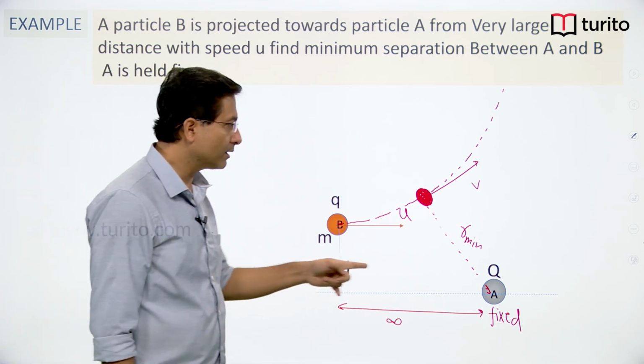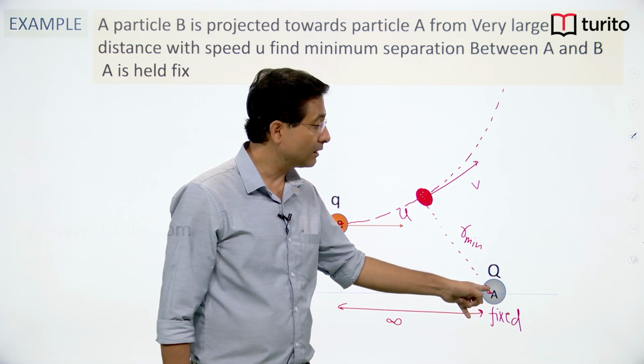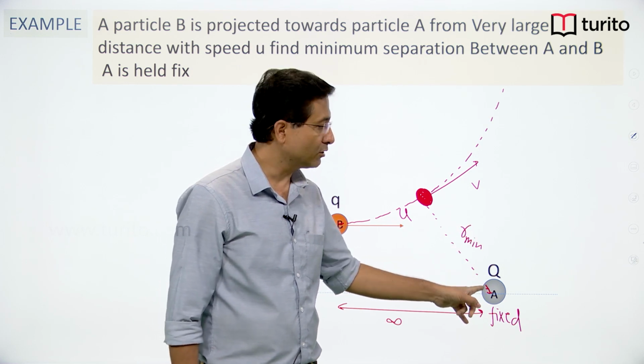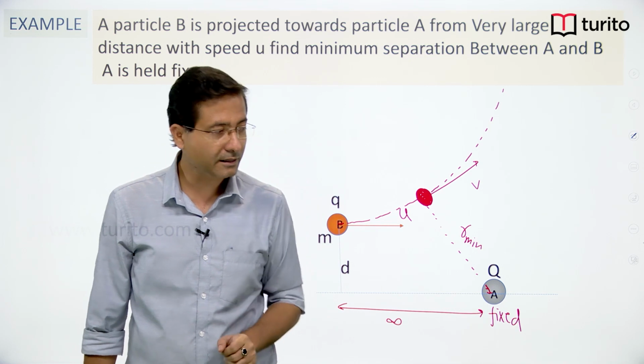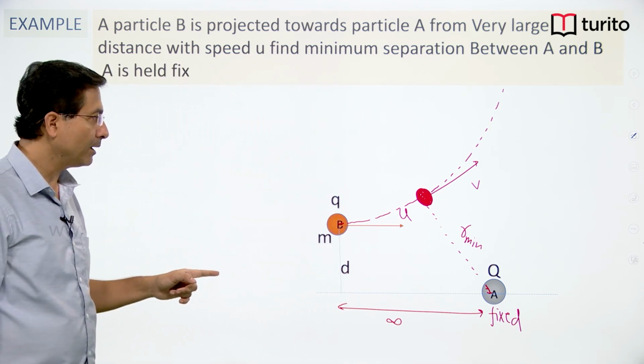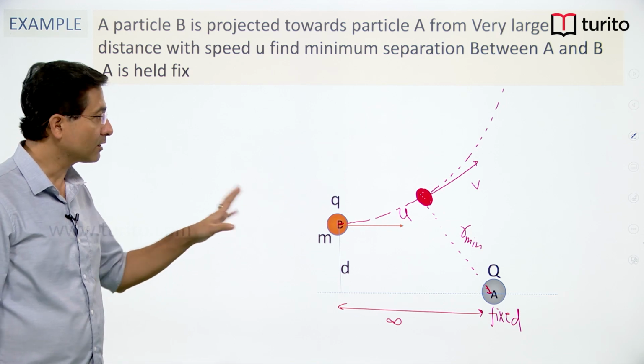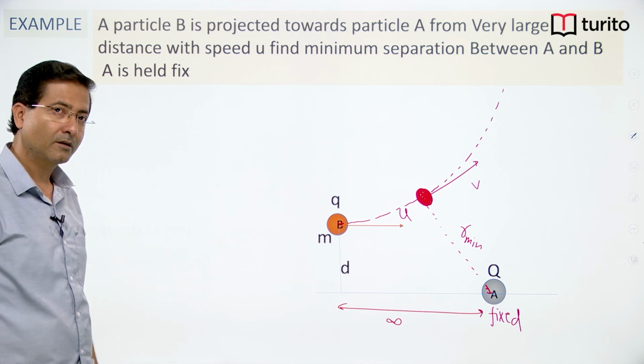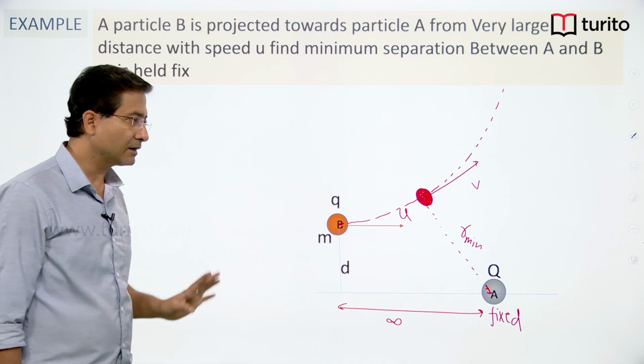As the force is not doing work, because the point of application is not moving, you can conserve energy, but you cannot conserve the linear momentum. So, one equation is conservation of energy, okay.